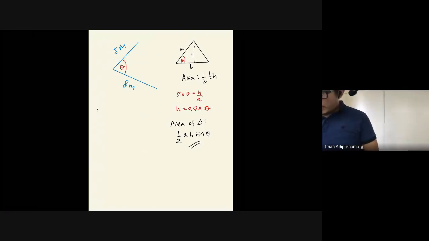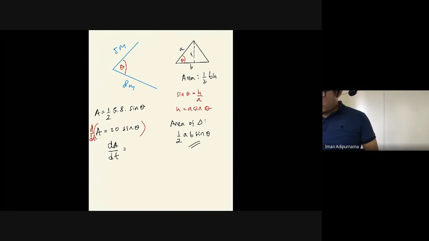Let me write A is half times 5 times 8 times sine theta, so 20 sine theta. And this differentiated with respect to t becomes dA/dt, which is our question.